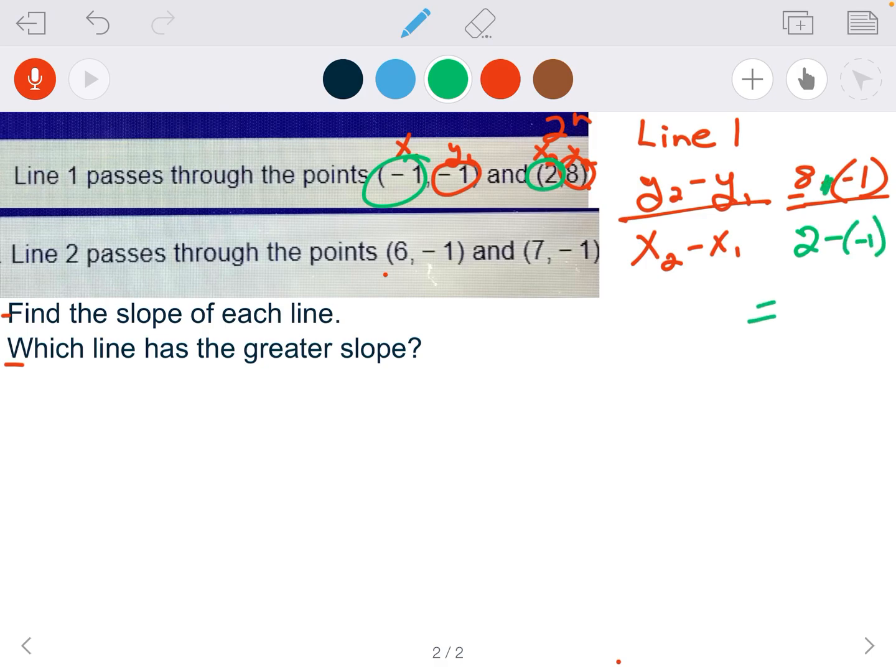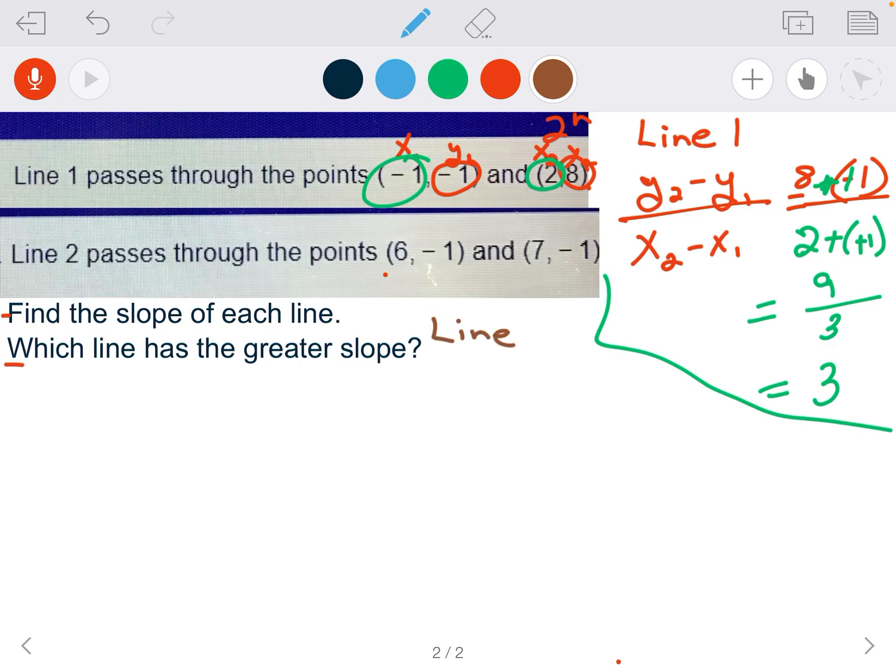Continue on. Remember, we change the subtraction to addition, change the sign that follows. So I have 9 over 3. So this slope is 3. So line 1 slope is 3.